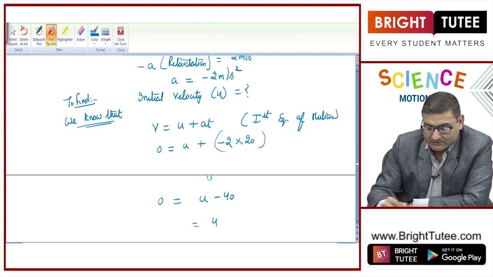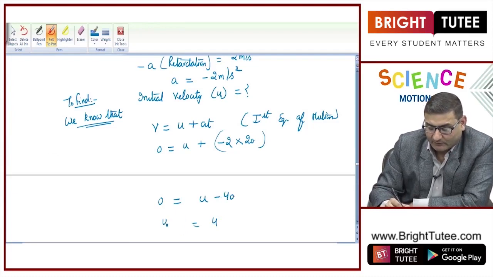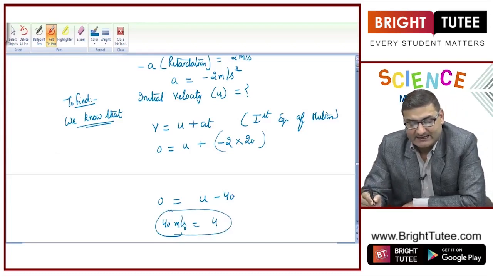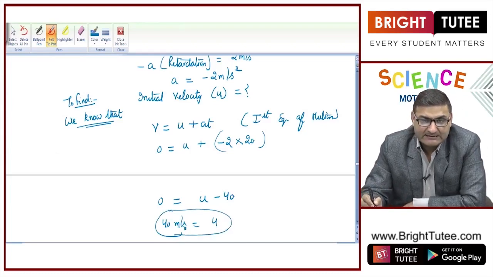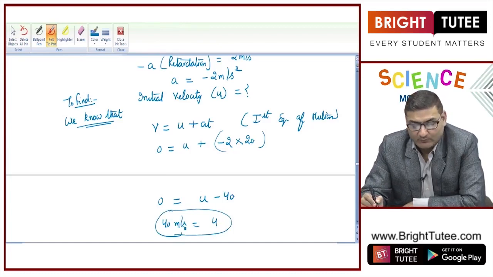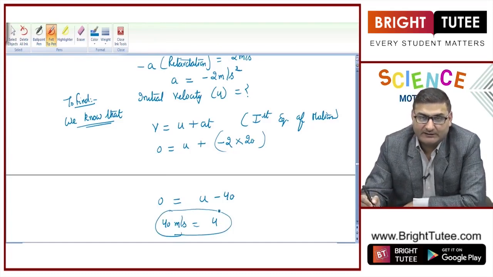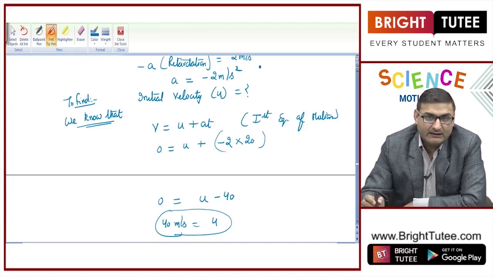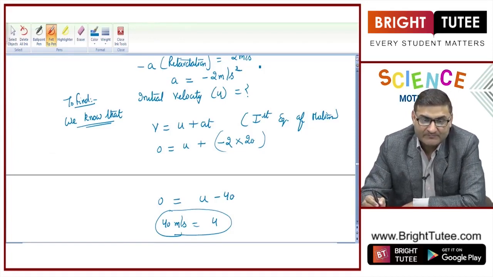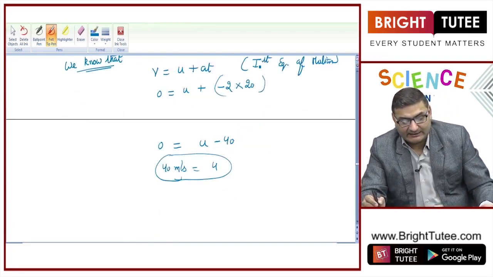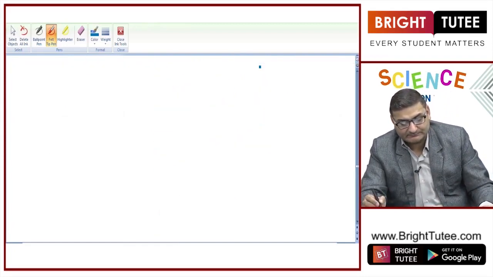So, u comes out to be 40. 40 what? Initial velocity, so the SI unit will be meters per second. That means the train was initially moving with an initial velocity of 40 meters per second. If we retard it at the rate of 2 meters per second square, then after 20 seconds it stops. Got it? Fine? Alright. Let us see the next question.